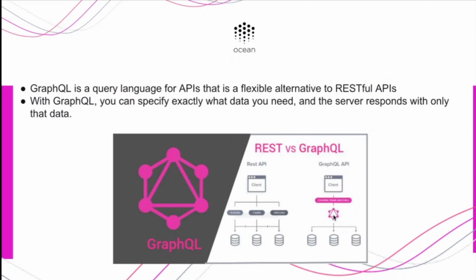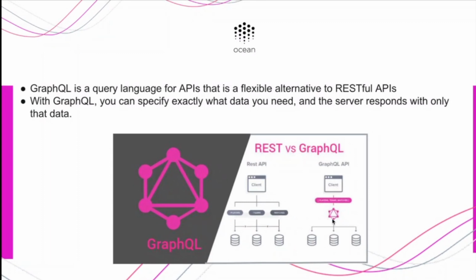You need to know the schema of the GraphQL, and through this query language you can specify exactly what data you need, and the server responds only with that data. So basically, it reduces network overhead and enables faster and more targeted data retrieval.